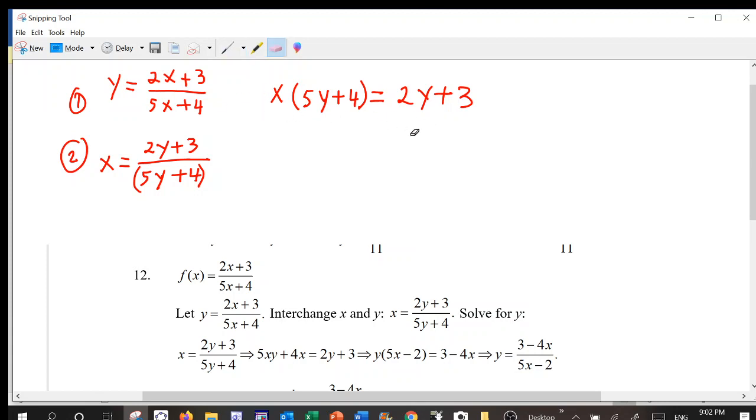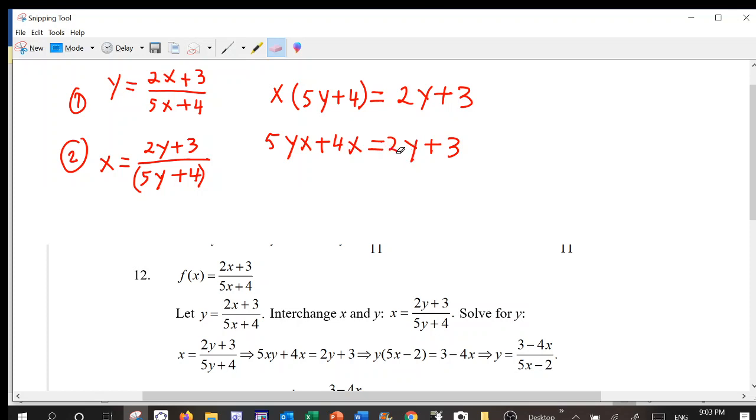So basically we have to isolate y, but the y is in two different places. So we have to get all the y's to one side and then combine them. So let's see. x times 5y would be 5yx, plus x times 4 is 4x. And then we have 2y plus 3.